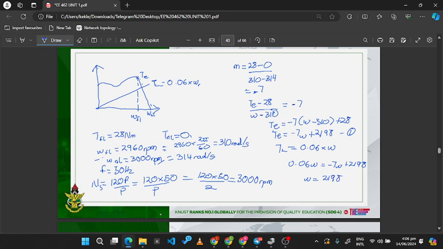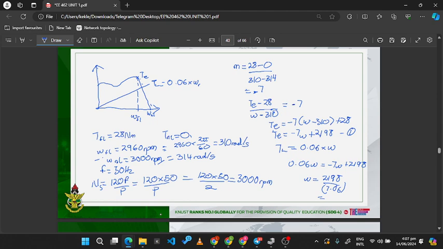2198 over, when we bring it to this side, we count addition. So 7.0006. So that should be 2198 over 7.06.